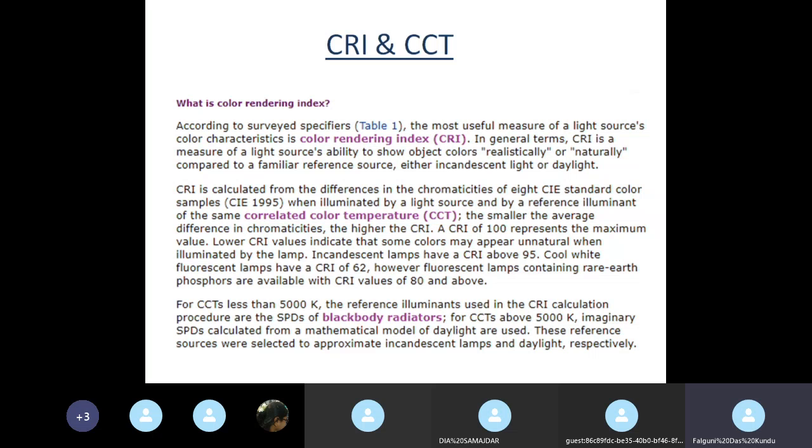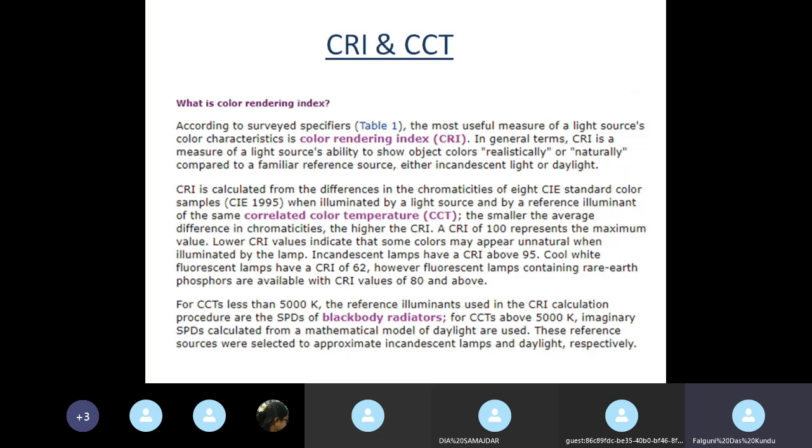In general terms, CRI is a measure of a light source's ability to show object colors realistically or naturally compared to a familiar reference source, either incandescent light or daylight.